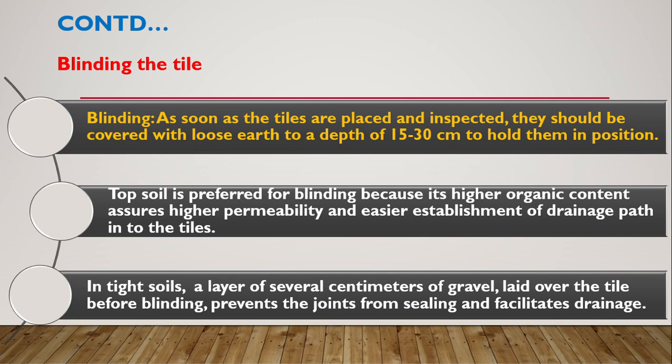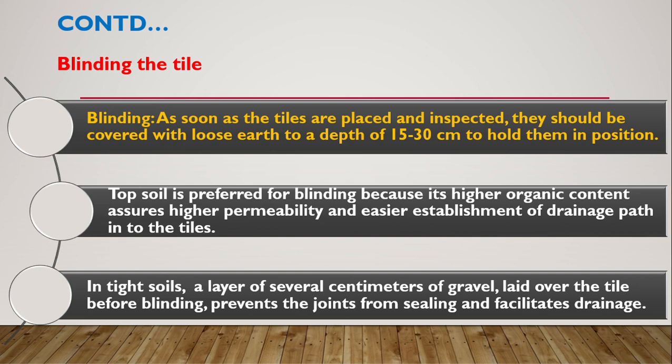And after giving the joints and all, now what we have to do is we have to blind the tile. Blinding the tile as soon as the tile is placed and inspected. Otherwise, caving in of the soil occurs. So we have to blind the tile either by using the envelope material in case necessary, or if envelope material is not necessary, then we have to provide a blinding for the tile by using the topsoil.